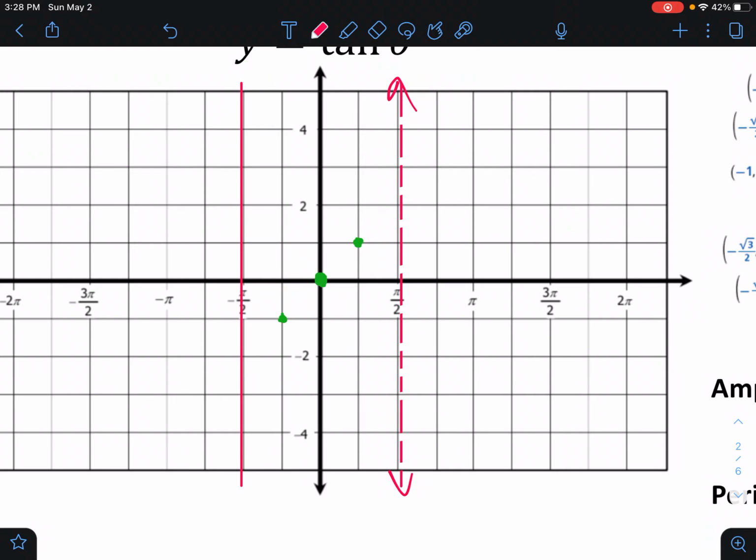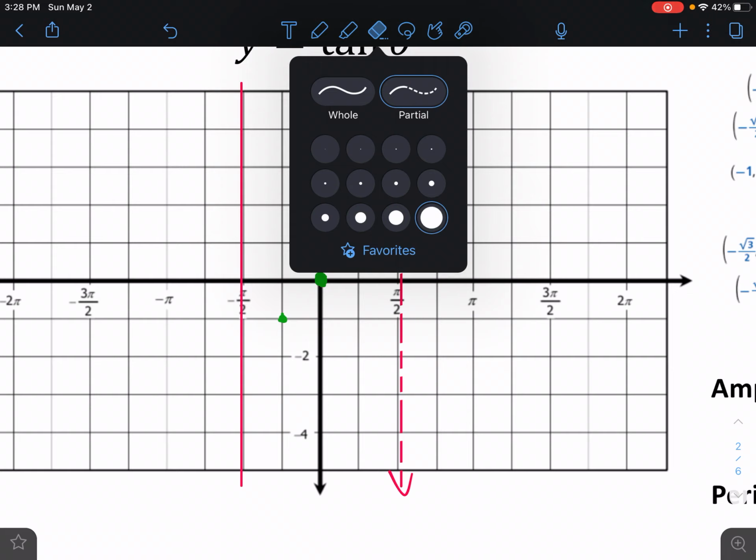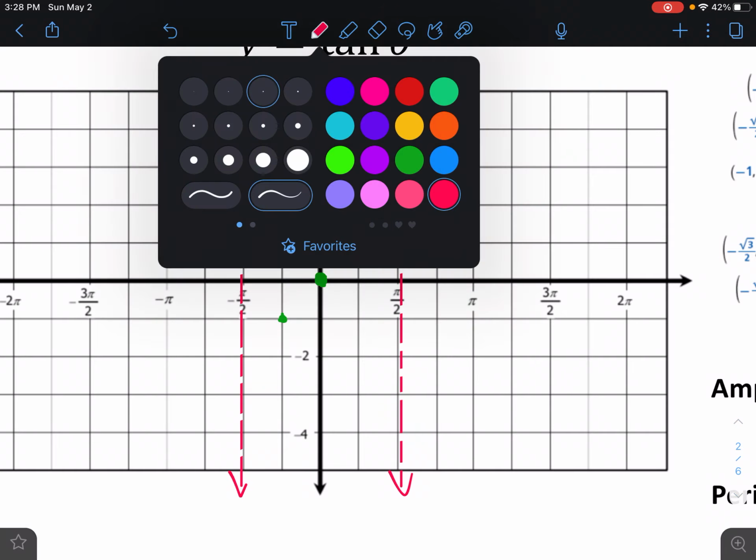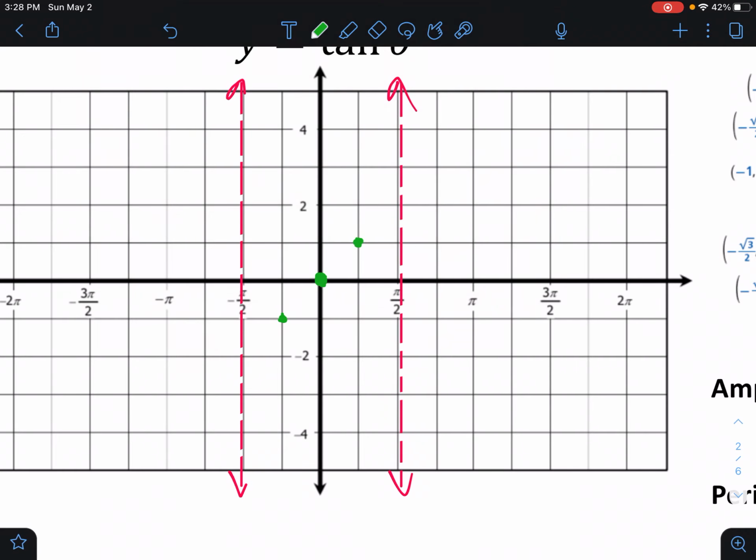Okay, so I have this again. Now what happens with this graph is it goes up, but it gets really close and never really touches. Same thing down here. So I get this weird curved shape in between those asymptote lines.